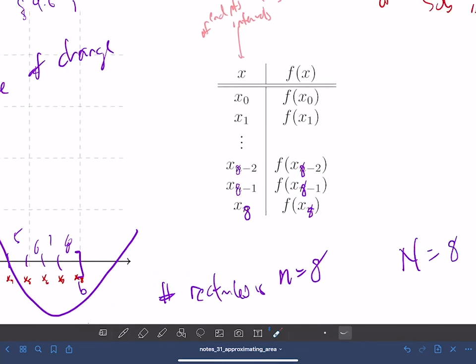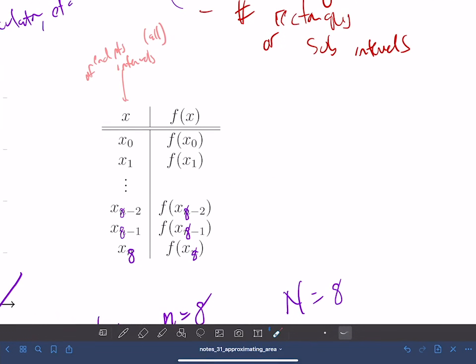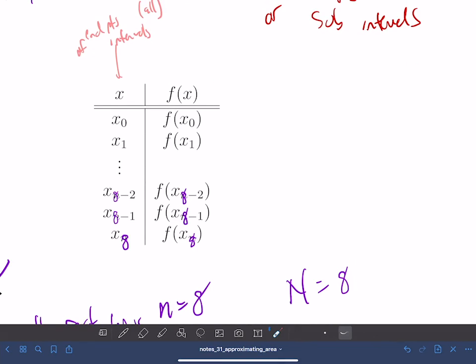So I'm going to build my table of endpoints. I'm going to evaluate my function. This is the height of my function. So my height and my rate of change at my endpoints.